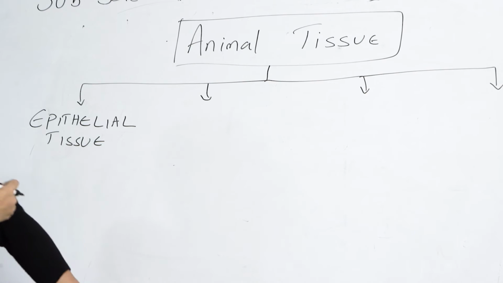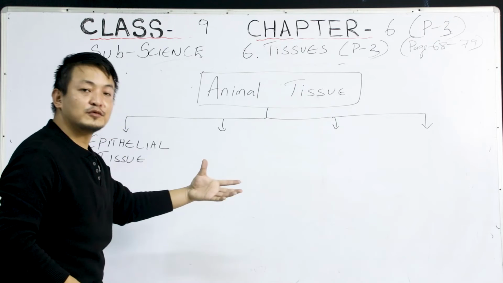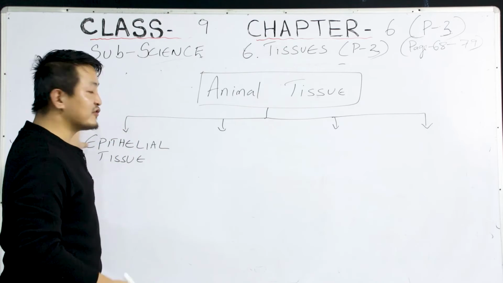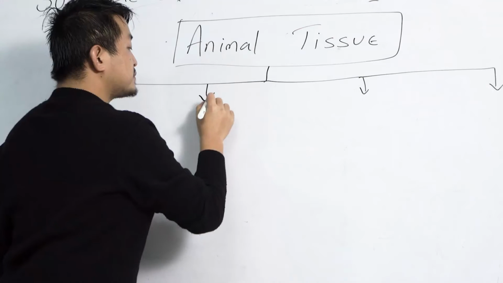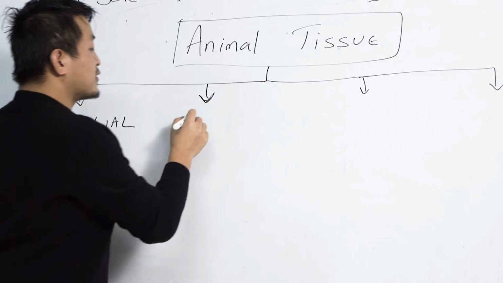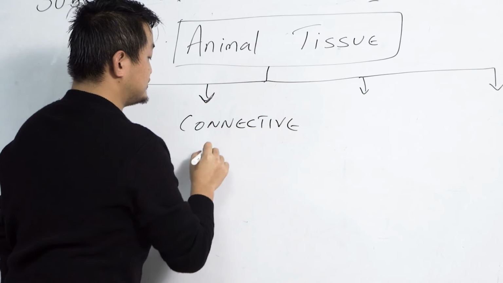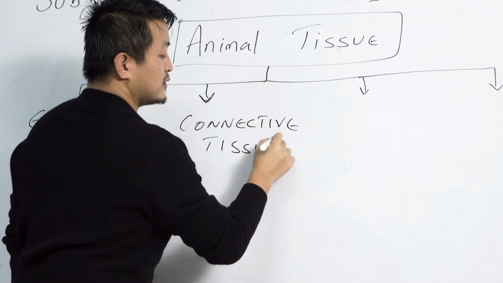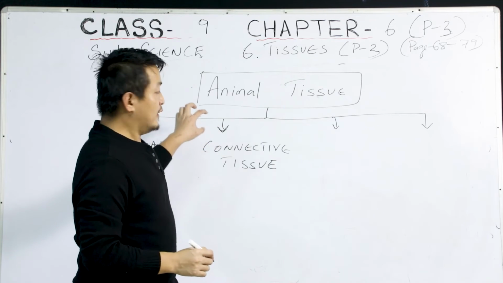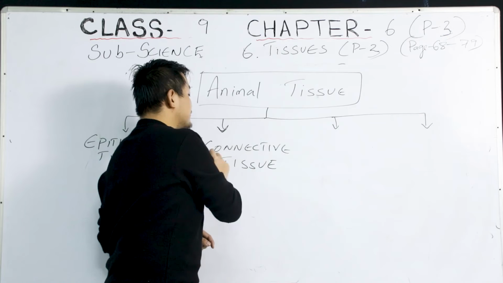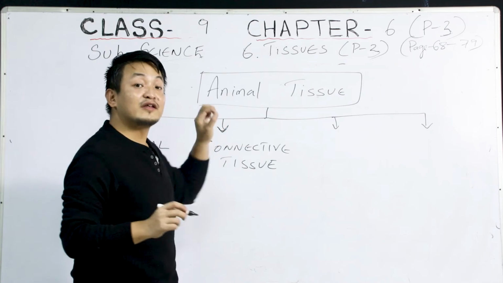When I say epithelial tissue, that is to do with the outermost covering part, like the skin. Now, the second type would be connective tissue. From the name itself, connective means connecting.